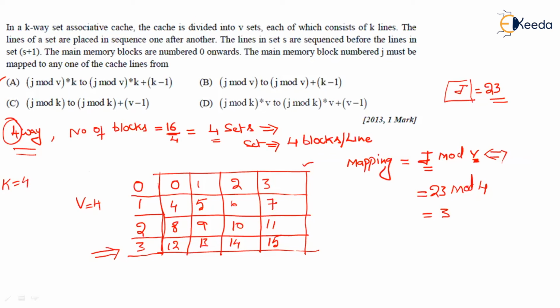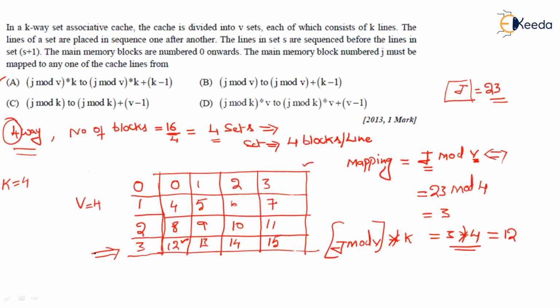Because K-way is equal to 4-way. When we multiply J mod V into K, it will give us 3 into 4. 3 into 4 is equal to 12.